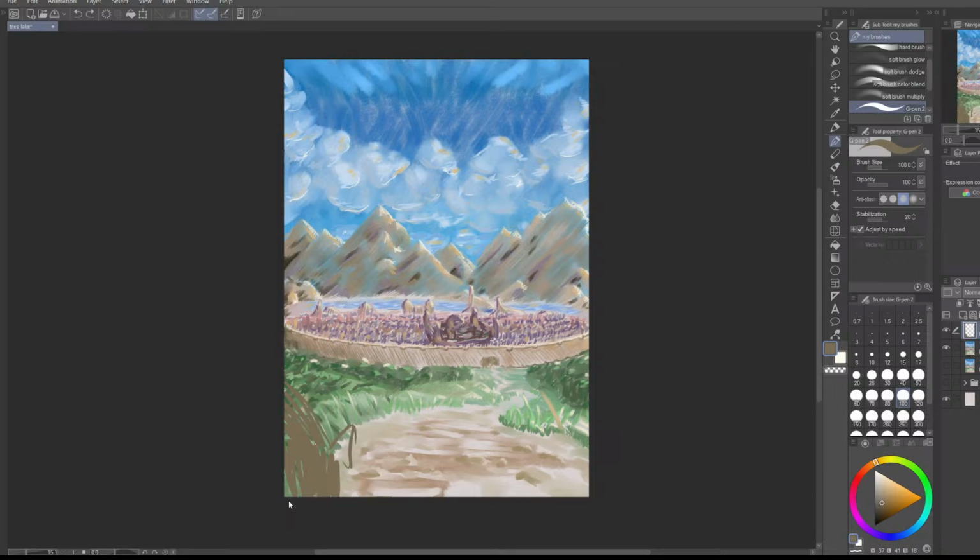Nah, I kind of can't be bothered because I can't think of something I want in the foreground anyway. Maybe the only thing I could do is like a flying beetle or something, or like a stem of a leaf or something floating past.